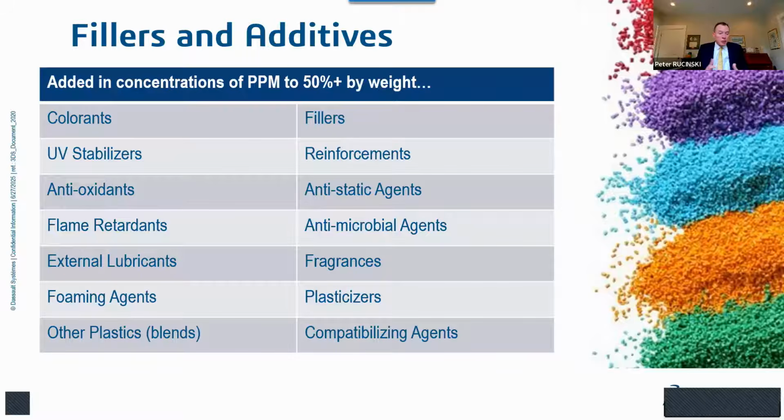We can blend 2 or 3 compatible plastics together to get a completely different material than what we started with. We can add fillers, reinforcements, glass fibers, carbon fibers, graphite fibers to make those plastics materials even stronger. And again, this is a very short list here. This list could easily be hundreds of line items long.